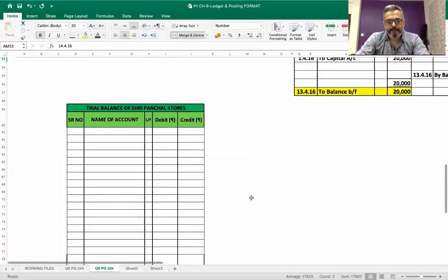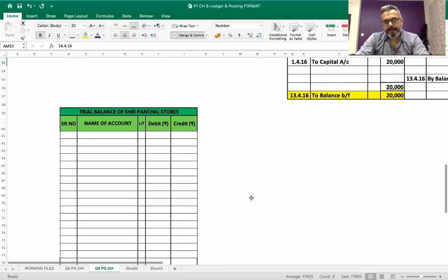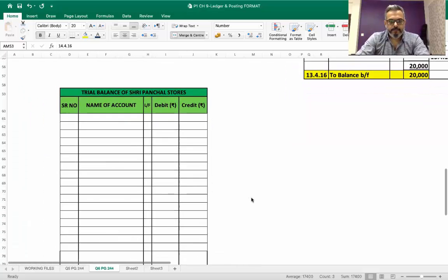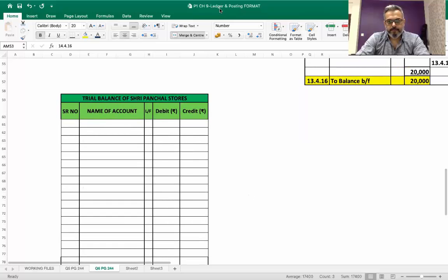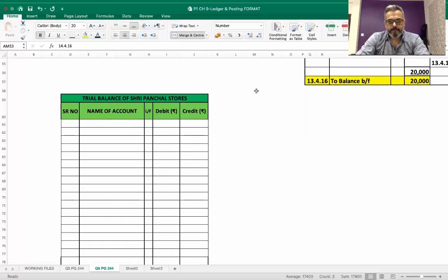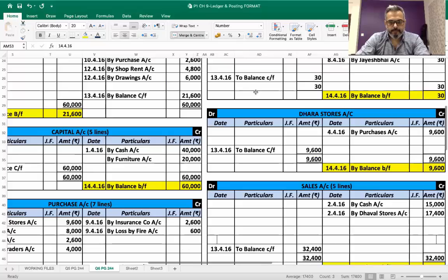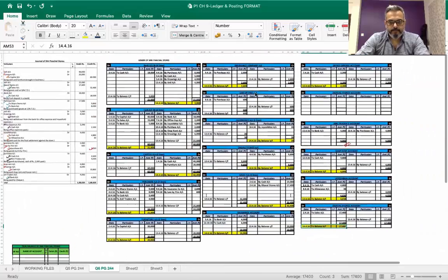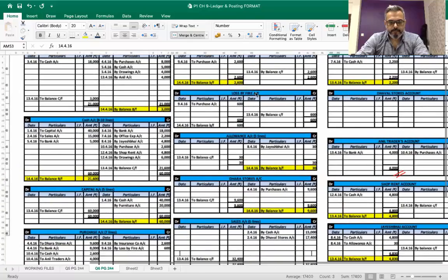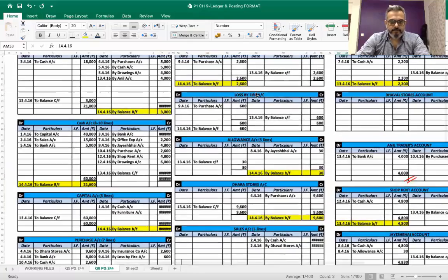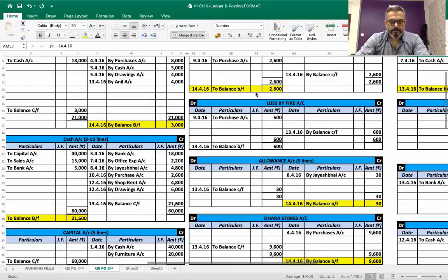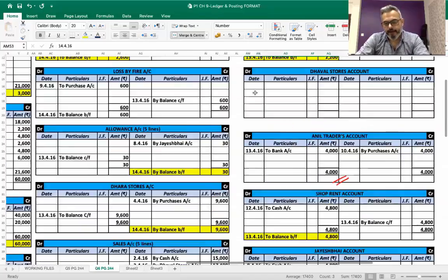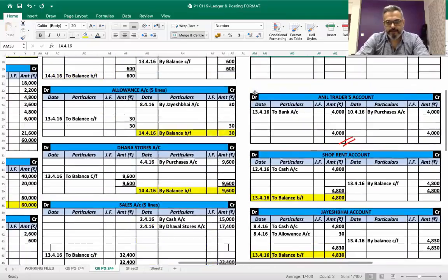Prepare a trial balance of around 15 lines. Go through it, see if you have any doubt about any account, any balancing.